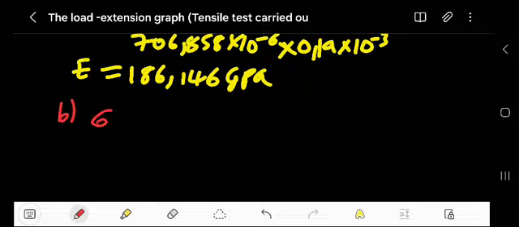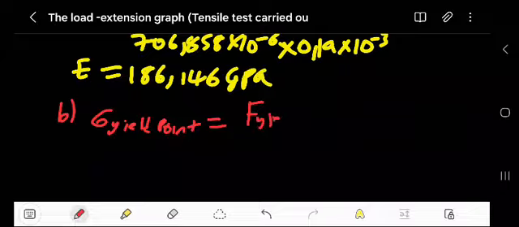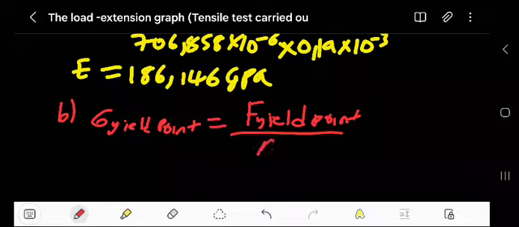Yield point is equal to the force at the yield over the area, but it's original always.